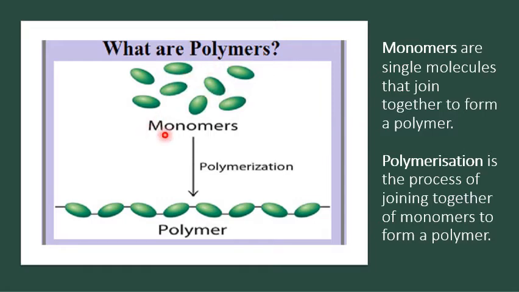What are monomers then? Monomers are single molecules that join together to form a polymer. And this process of joining the monomers to form a polymer is known as polymerization. So we can say that polymerization is the process of joining together of monomers to form a polymer.